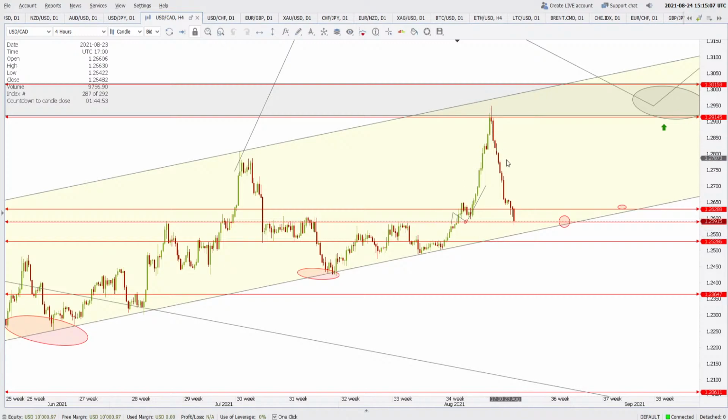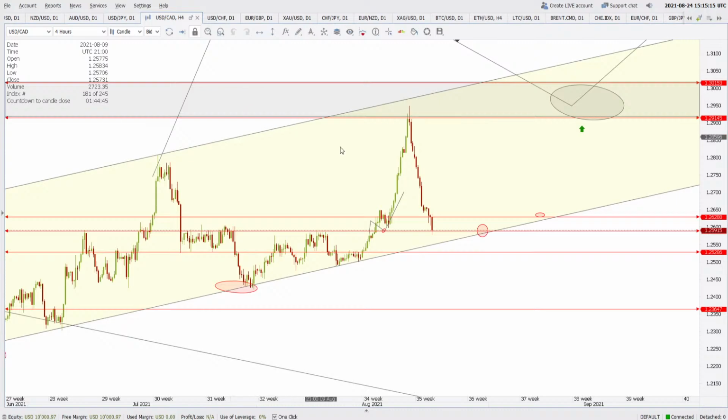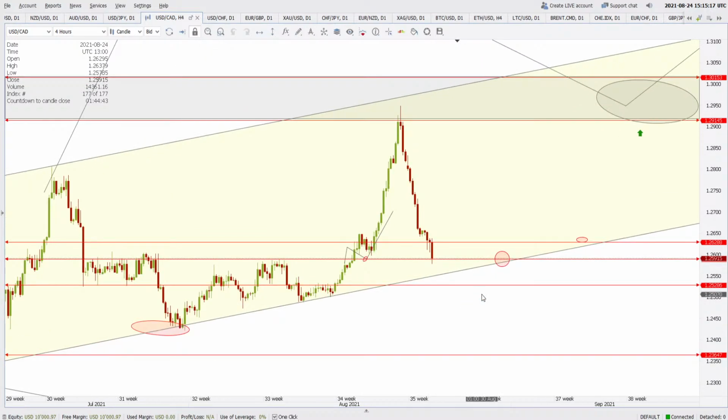Although this is a V type of recovery to the downside, I'm still expecting some bullish action here at the channel support region. Right now the price is trading at the support of the 1.2591 region. The immediate resistance is sitting at 1.2628, and if that is broken to the upside, then 1.2914 and 1.3015 will be exposed in this market once again.